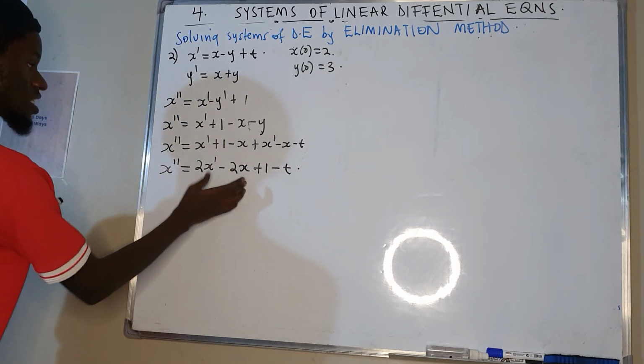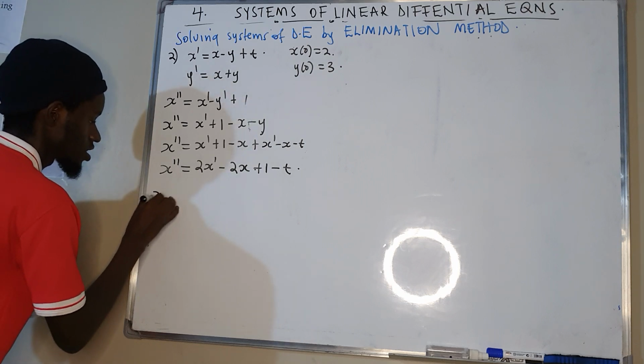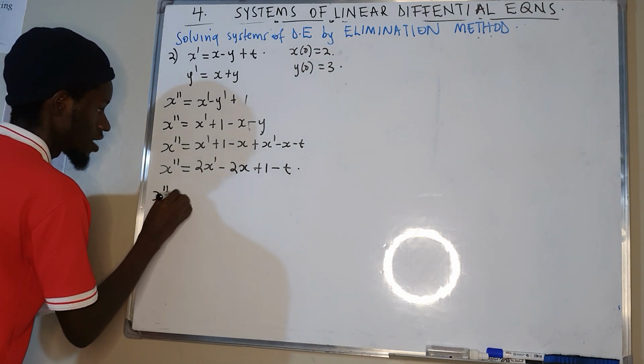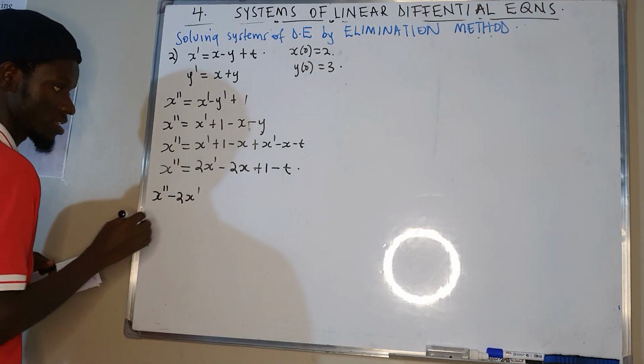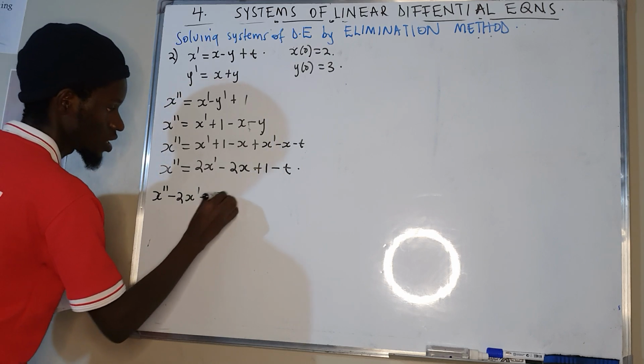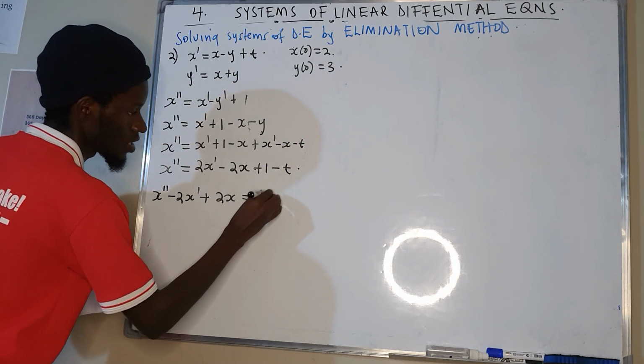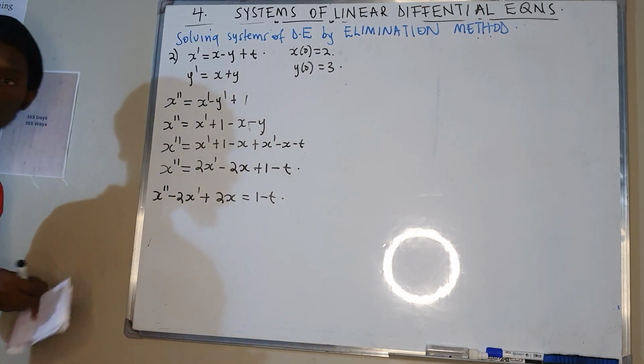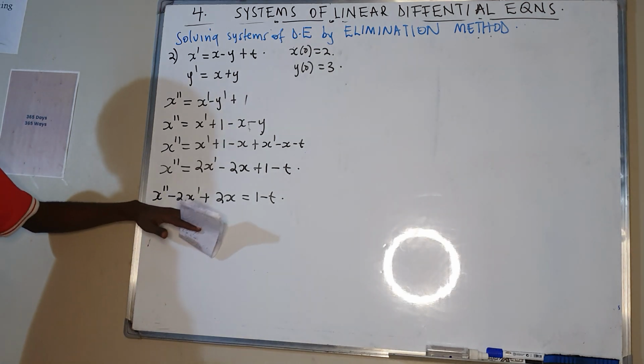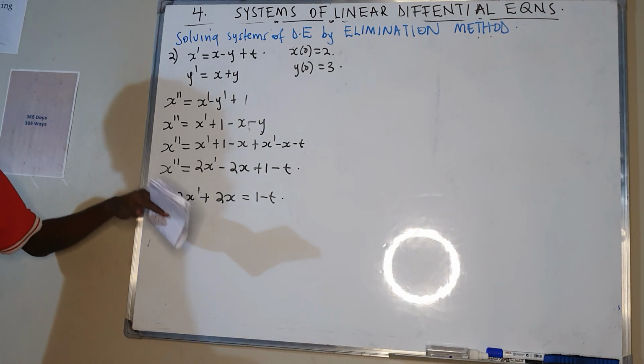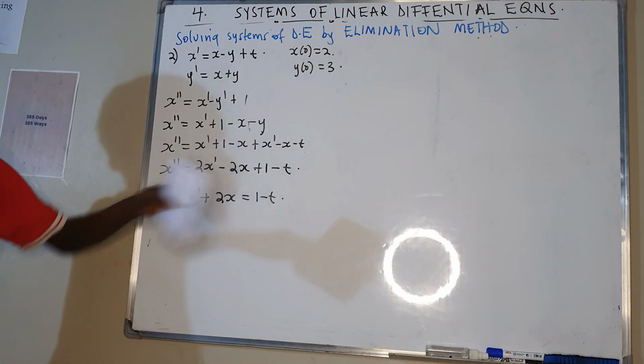Therefore, if I take this x to this side, I have an equation like this one, x double prime minus 2x single prime plus 2x equals 1 minus t, and this equation is the solved equation without the y. I have successfully eliminated the y in this equation.